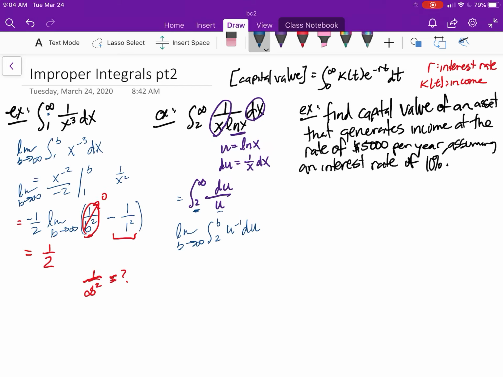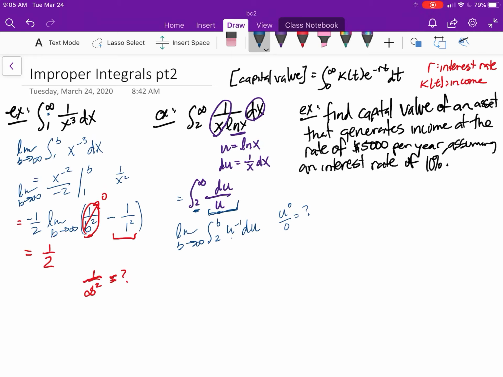And remember that I didn't have to rewrite this. In fact, I probably should have left it like this. But this is a great point to bring up. U to the negative 1, the integral, we can't add 1 and divide, right? Because that'd have u to the 0 over 0. So something's weird.